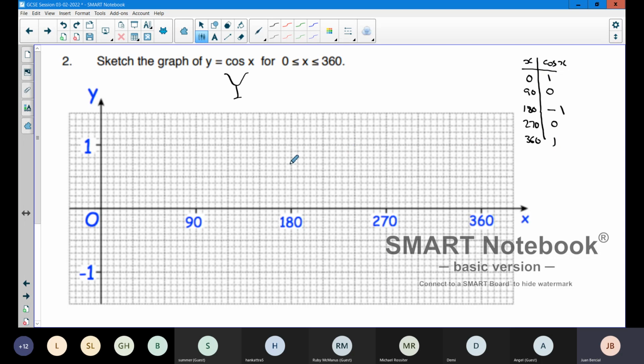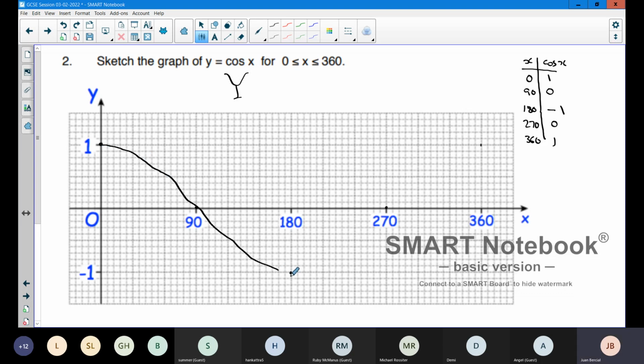So the values we've got are 1 at 0, then at 90 it is 0, at 180 it is -1, at 270 it is 0, and at 360 it is 1. So it's this cup that I mentioned here.